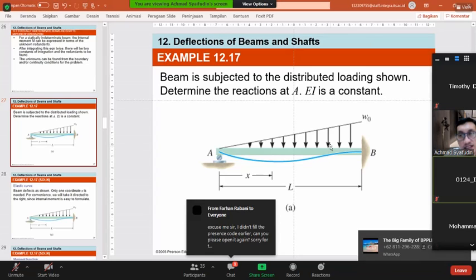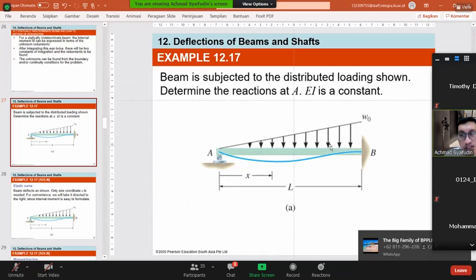Very good. This is too much support. At point B, it should not be a fixed support, but you can use just a pin support because the loading is vertical, even though this is a distributed force.